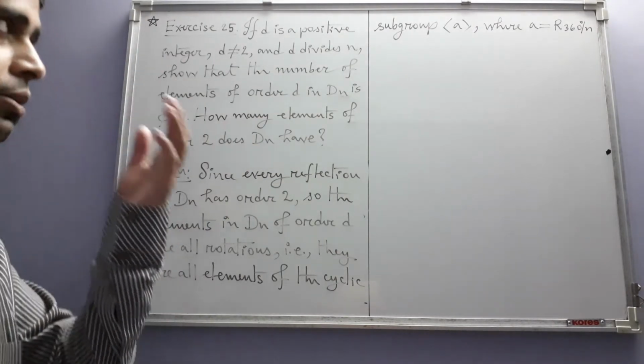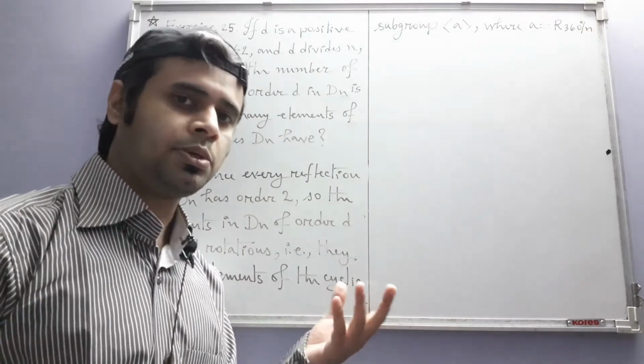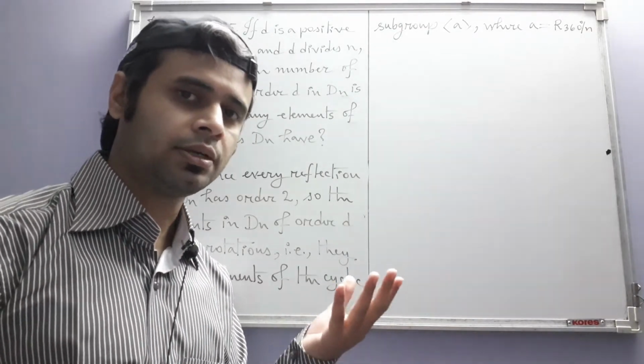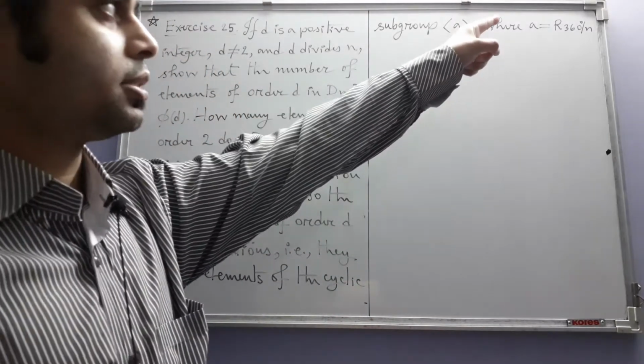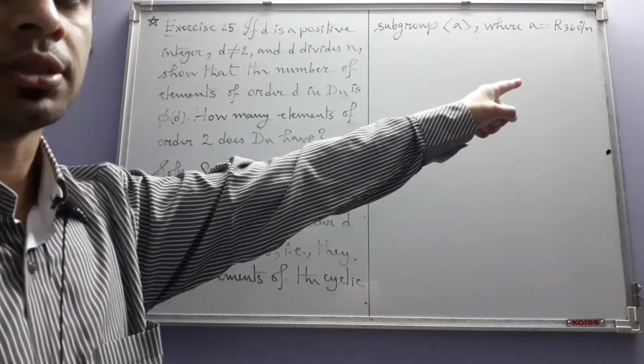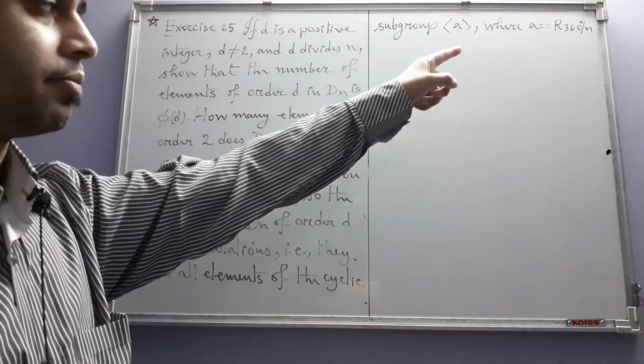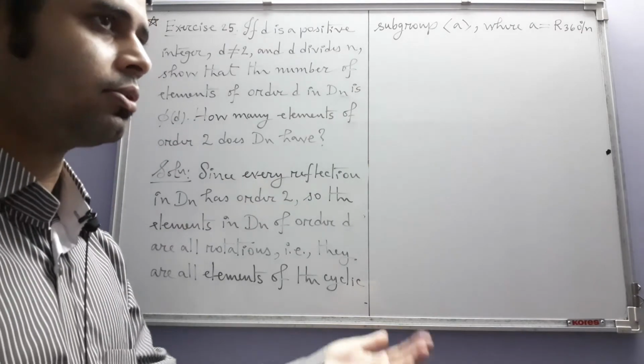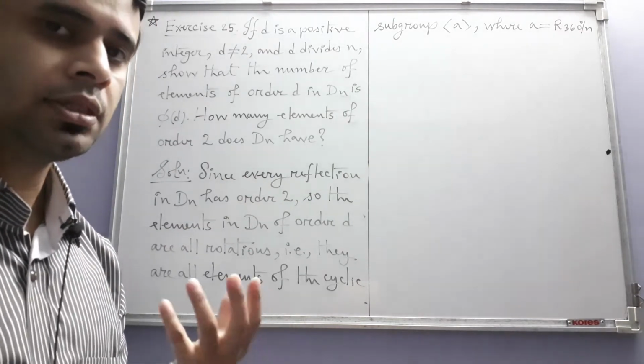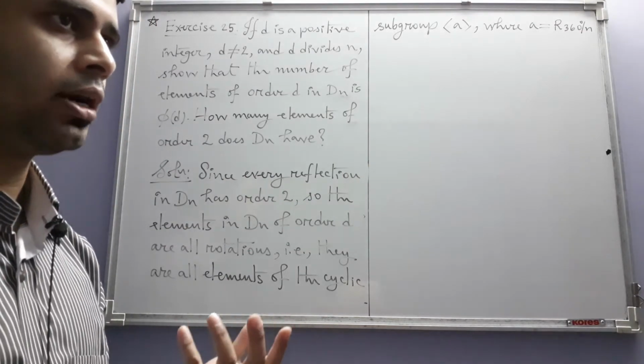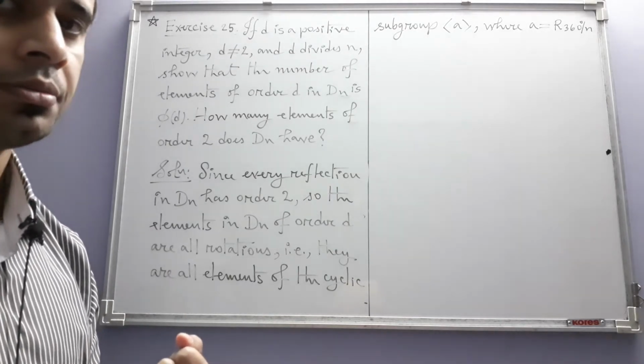This we already know about Dn, namely the rotations form a cyclic subgroup and this is the smallest possible rotation that is a symmetry of a regular n-sided polygon.